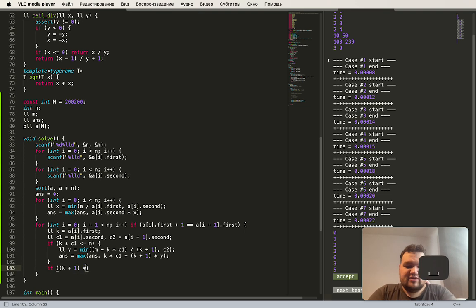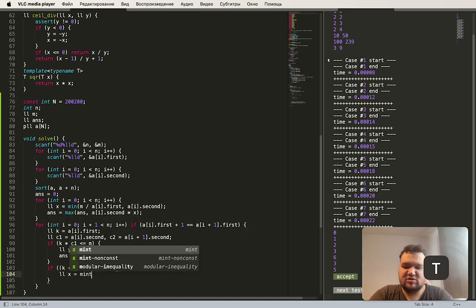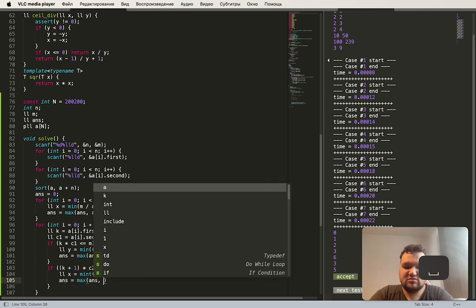If k plus 1 times c2 is at most m, now we fix y to be equal to c2, then we choose x to be minimum of m minus k plus 1 times c2 divided by k and c1, and update the answer.